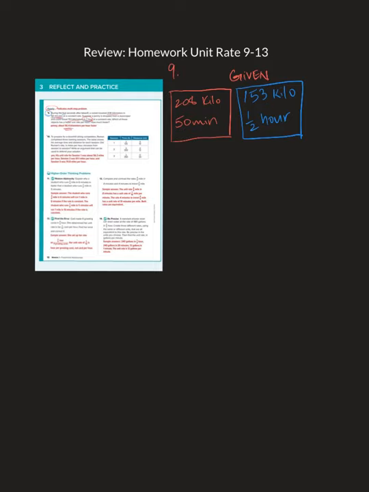So we are doing unit rates. So the goal is to get one quantity to be 1. Since we're dealing with hours, it's easier to understand everything in per hour. Per hour just means that that's 1 hour. So let's see here. The goal: find unit rate.